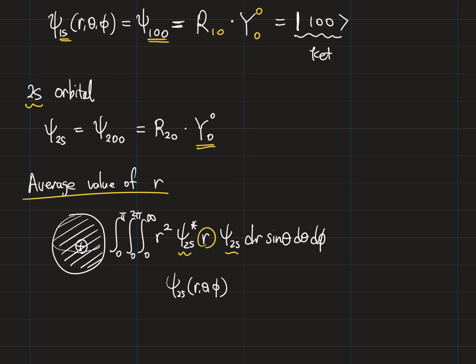The 2s orbital has three independent variables r, theta, and phi. So we have to integrate over theta and phi all together. So you can practice this problem. Okay, let's move on to the next page.